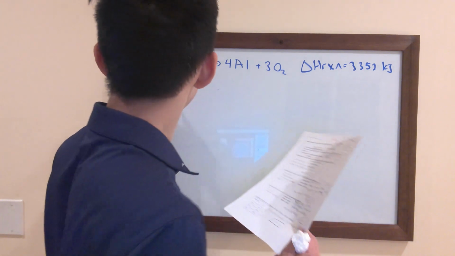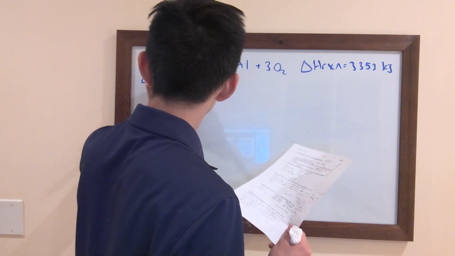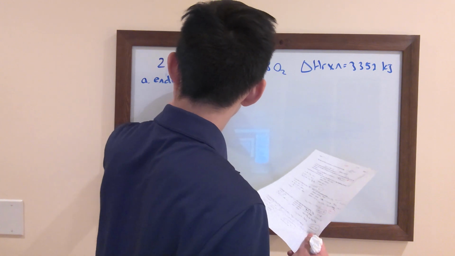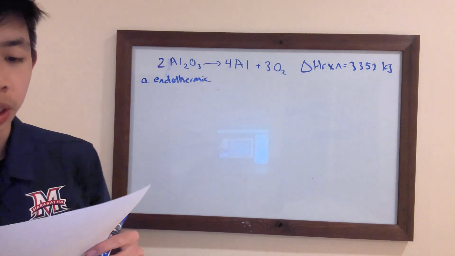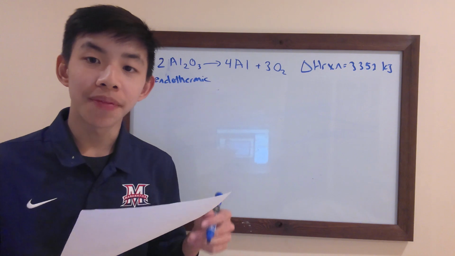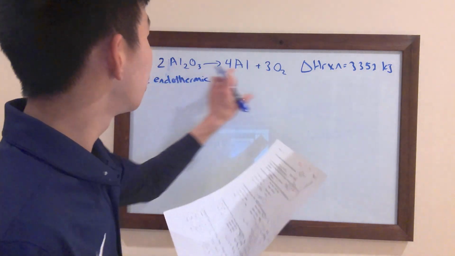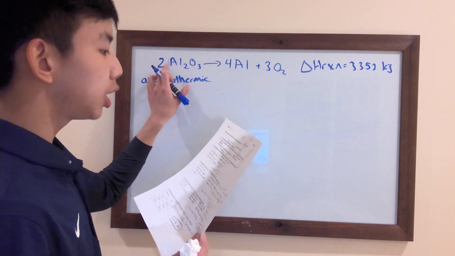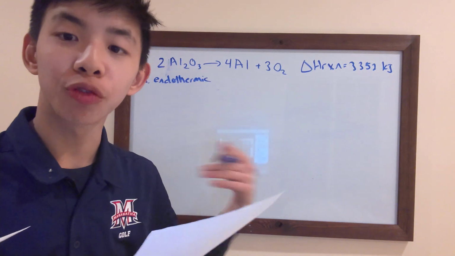Alright, for B. For B, what is the enthalpy change for the formation of 1 mole of aluminum oxide from its elements? The formation of aluminum oxide. We can't use this equation because we're decomposing aluminum oxide, but 2B says for the formation.